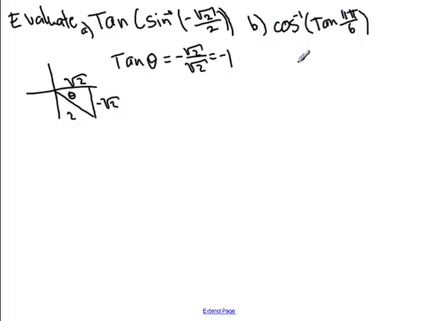Tangent of 11 pi over 6, so that's going to be in the fourth quadrant. Pi over 6 is our reference angle, so that's going to be the 1, 2, square root of 3 triangle that you all have memorized.